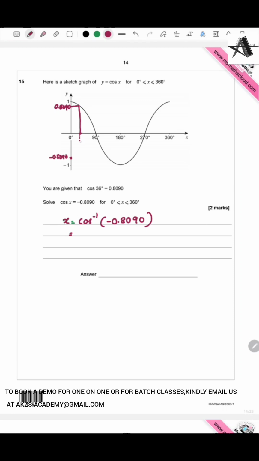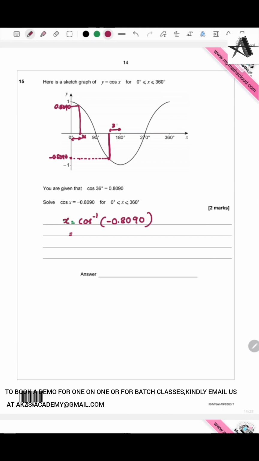So if I go downwards like this, this point will be where I can get y as negative 0.8090. So you can clearly see that whatever be the distance from 0 to 36 degrees, the same distance is from 180.